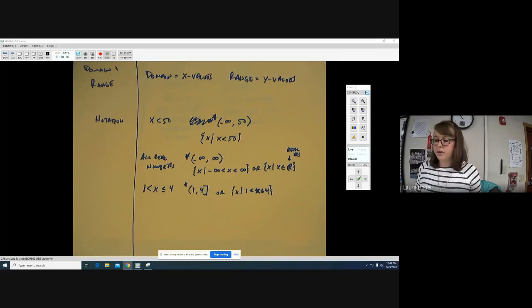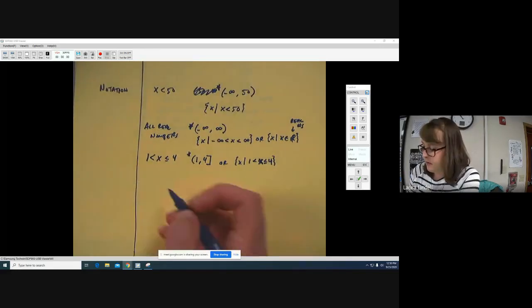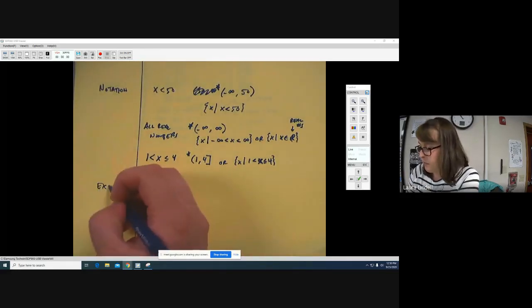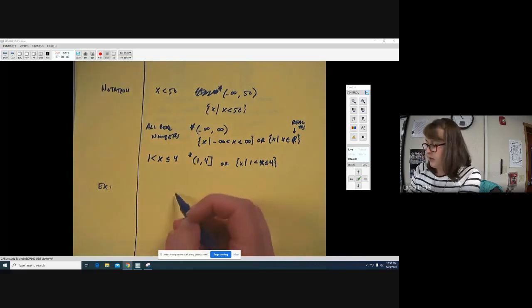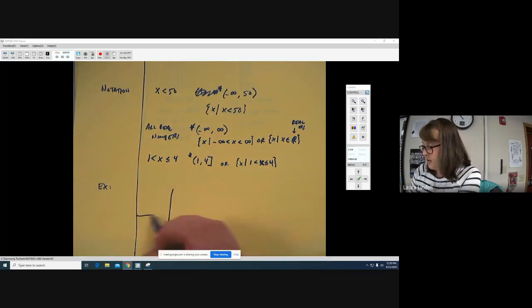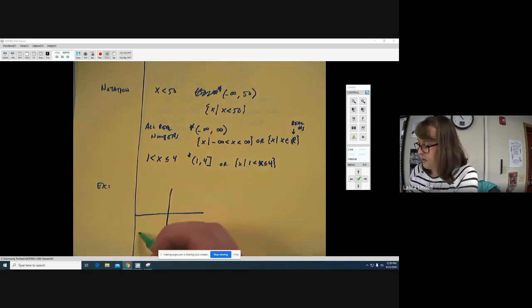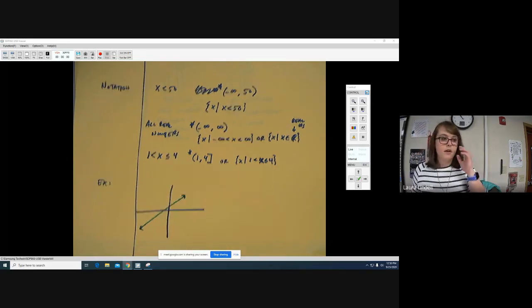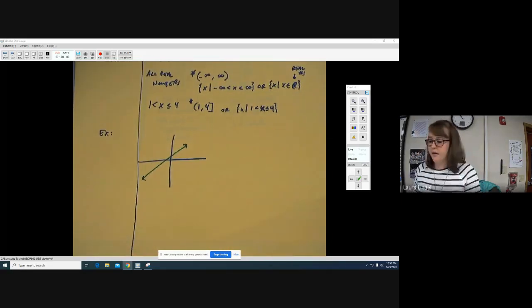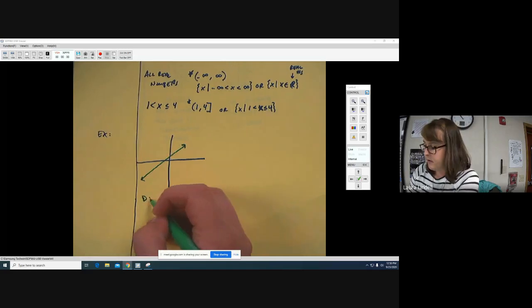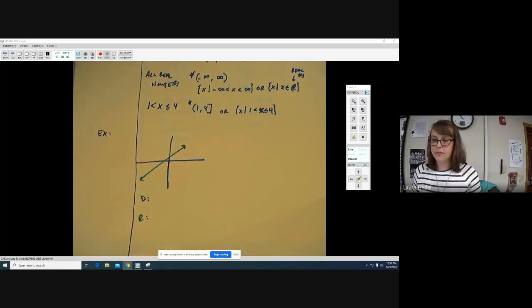Okay, so using this notation to talk about domain and range, we're going to do some examples. So let's start basic. Let's start with just a line. All right, so remembering domain and range here.